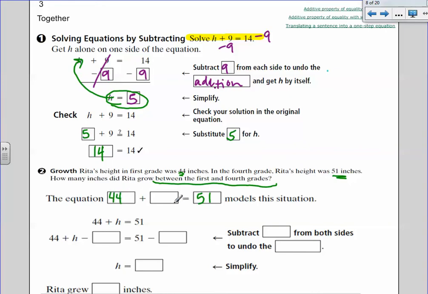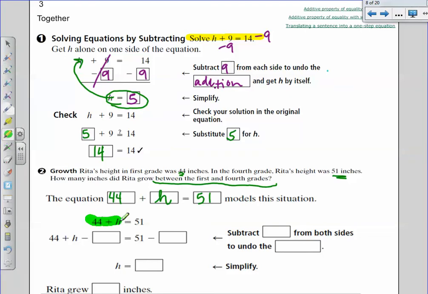I want to know how much did she grow? So I'm going to use h as my variable. 44 plus whatever I grew is equal to my height in fourth grade. So now this is the equation that I'm solving: 44 plus h equals 51.